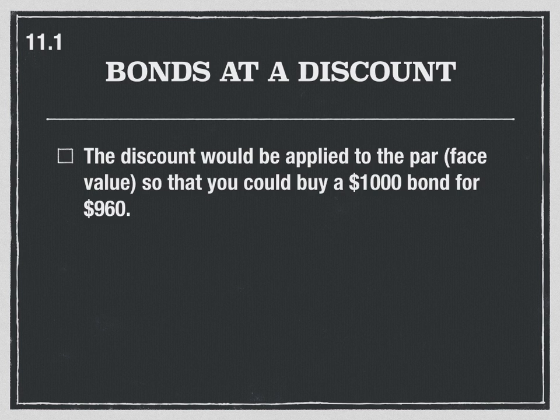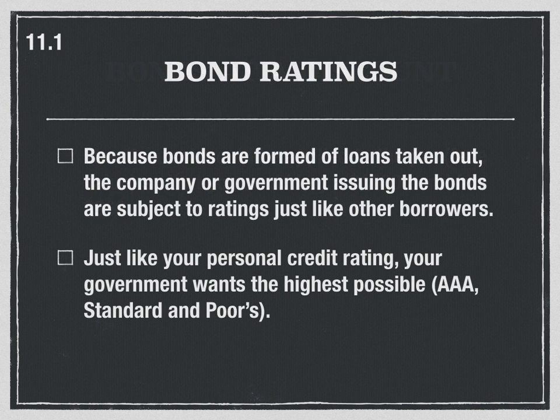Sounds like a great thing because after all, if someone offers you a $5 bill for giving them three $1 bills, who wouldn't take that deal? Right, it's a good deal. However, why would someone discount a bond? Well, here's why. Bonds are rated, just as we as individuals have our credit rating, which affects the interest rate we pay on loans.